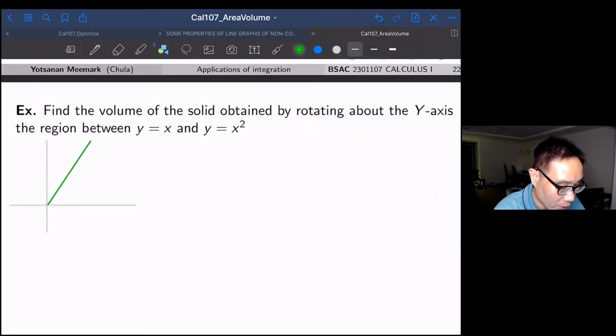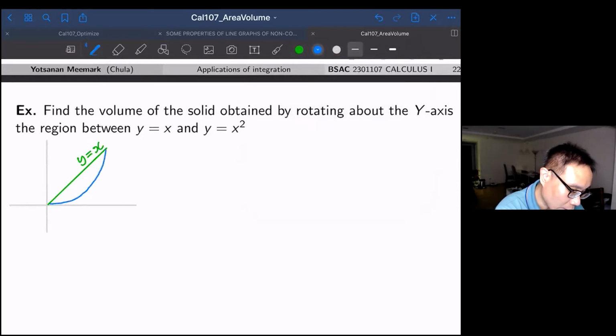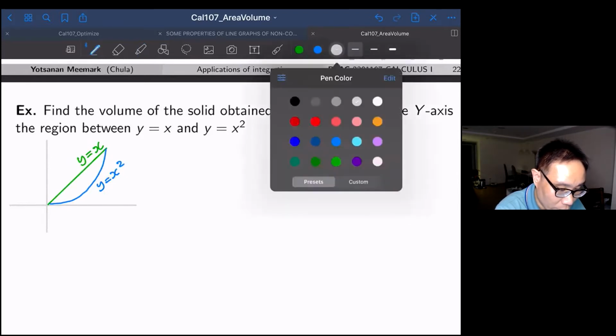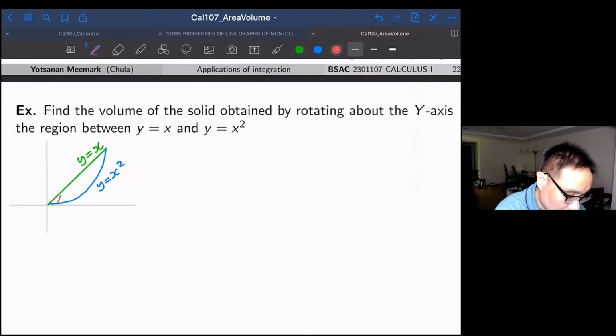So you have y equal to x, which is 45 degrees. So this one is y equal to x. And you have y equal to x squared. Okay, and you have the yellow region. So this one will be just here.